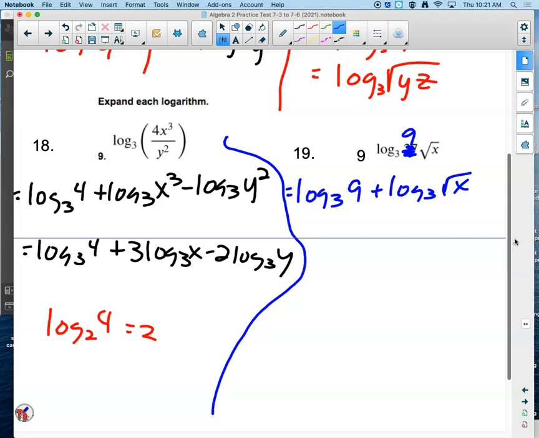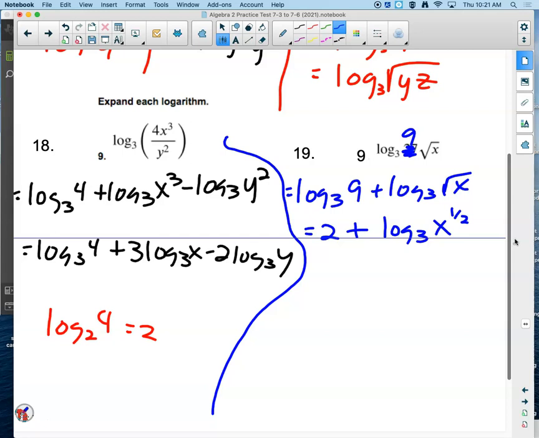Thoughts at that step? It is a 2, yeah. 3 squared is 9. Now, 16, 17, and 18. Did they have any square roots in them? So we have to figure out how to redo that. Square root is what power? And if it's a power, can we leave it there?